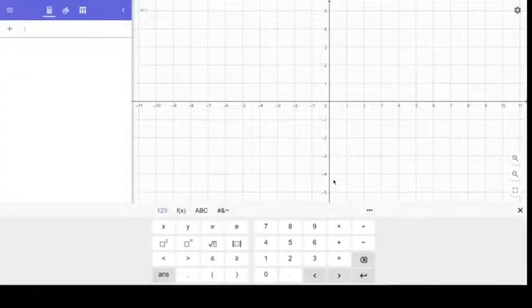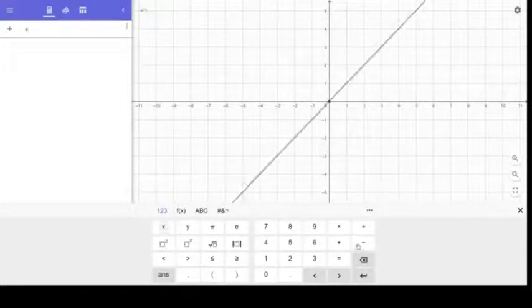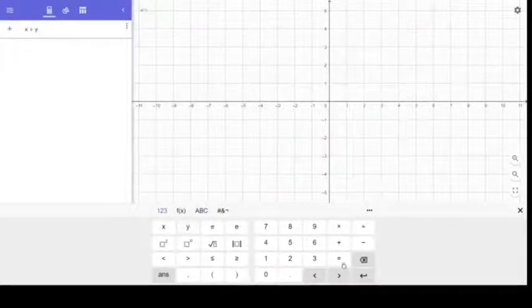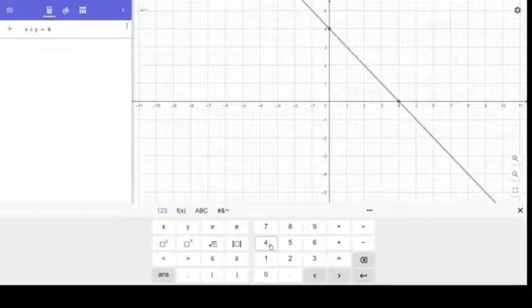I told you whenever you draw a graph of a linear equation, you will get a straight line. So we are going to see how this comes. Let us see the linear equation x plus y equal to 4.